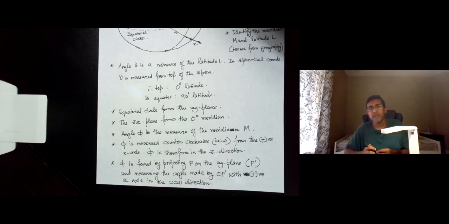Okay, so that's another way of interpreting phi. You can interpret it as a meridian. You can also interpret it as the angle that is made by the projection OP prime.